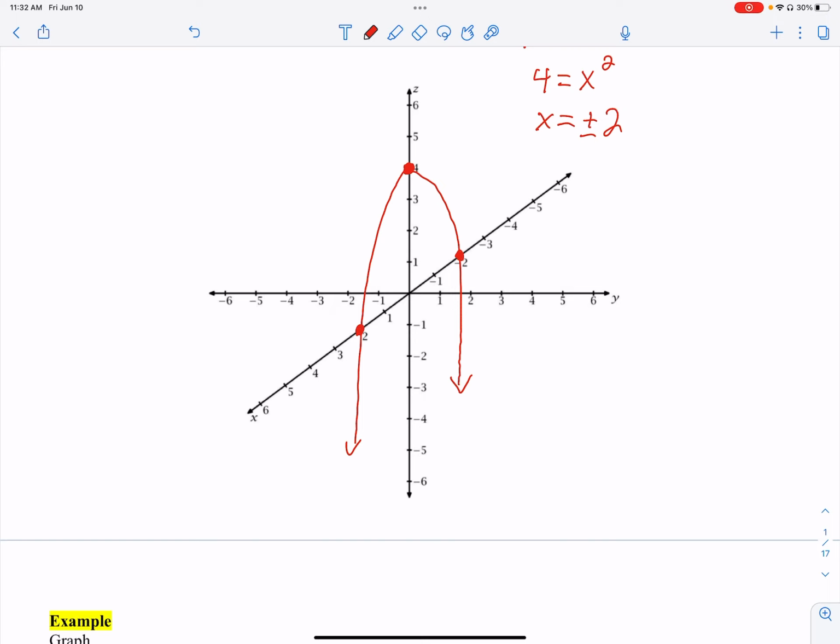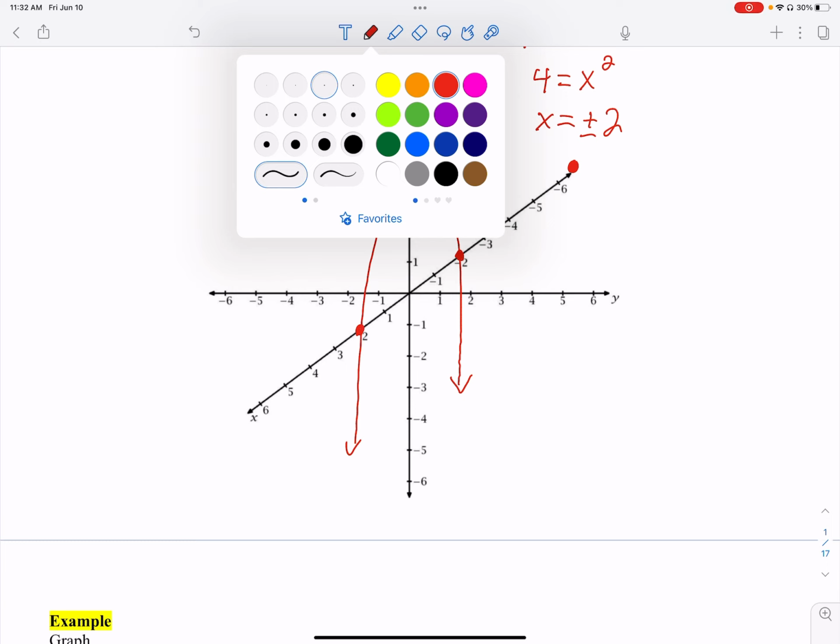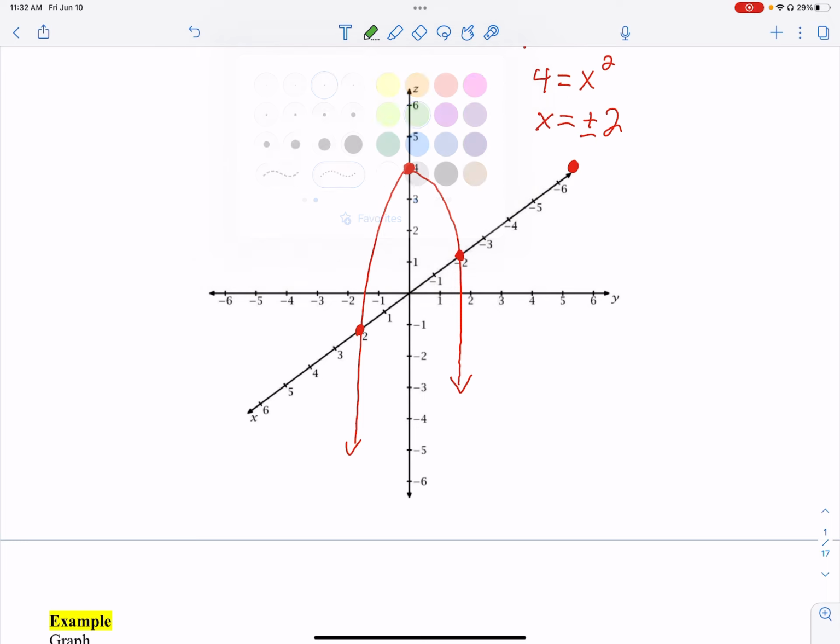And I'm going to place this 5 where it would be on my z-axis. Now I draw, and I'm going to do some dotted lines here because I can't do it in pencil. You would just do it light. What I do from here is I make my axis.